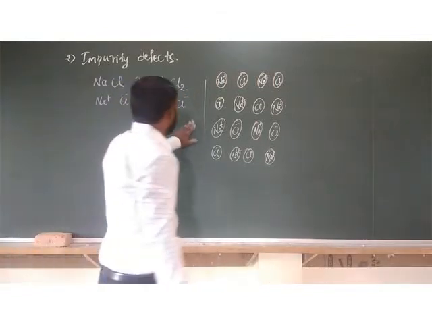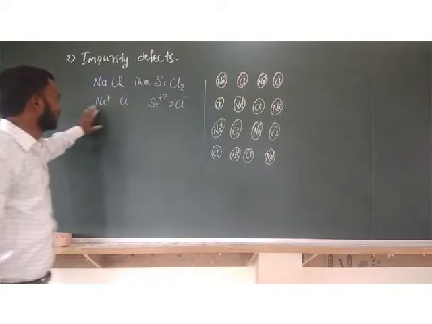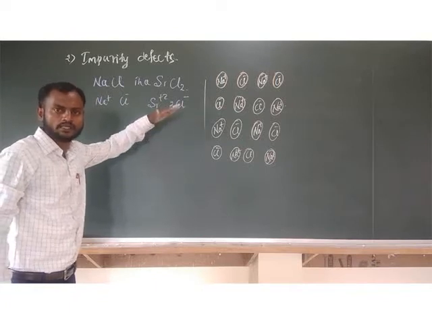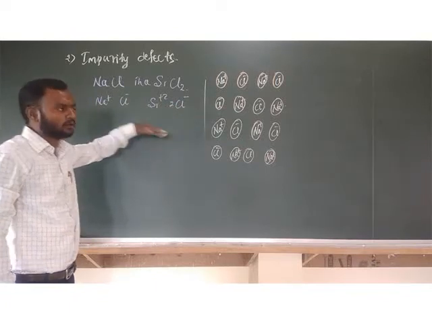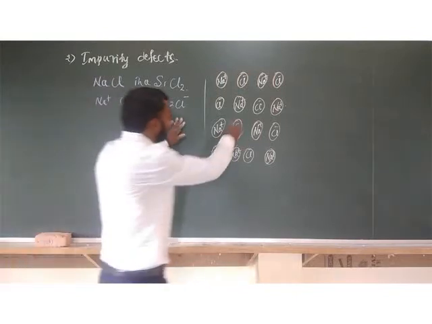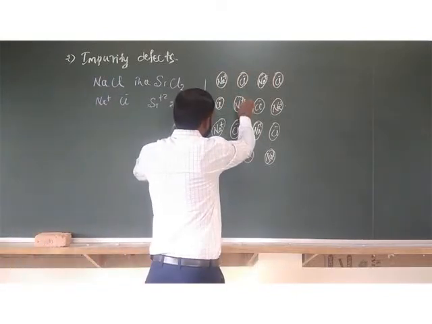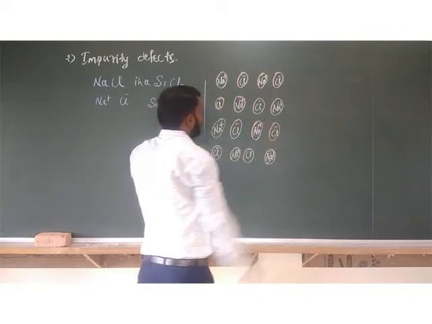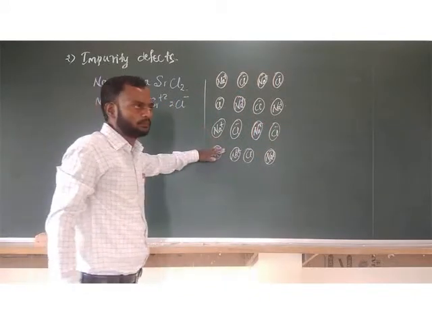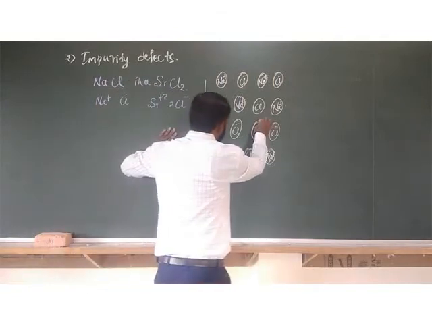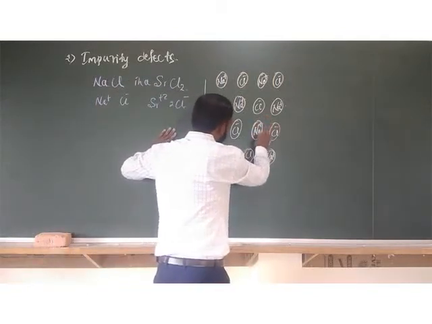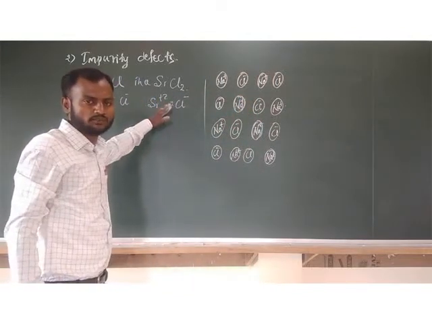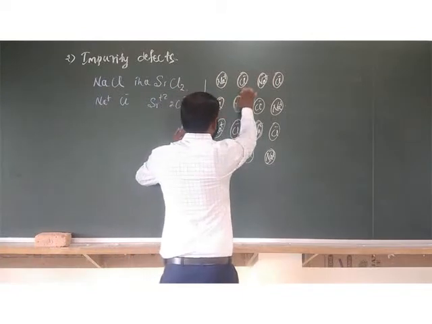Whatever Na+ ions are present in the crystal lattice in the molten state of NaCl, these two Na+ ions are replaced by the strontium 2+ ions.